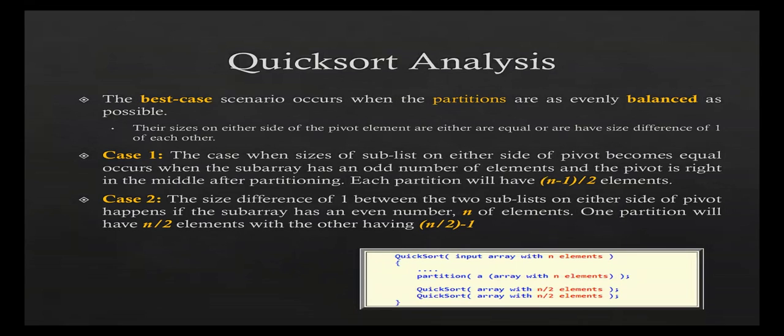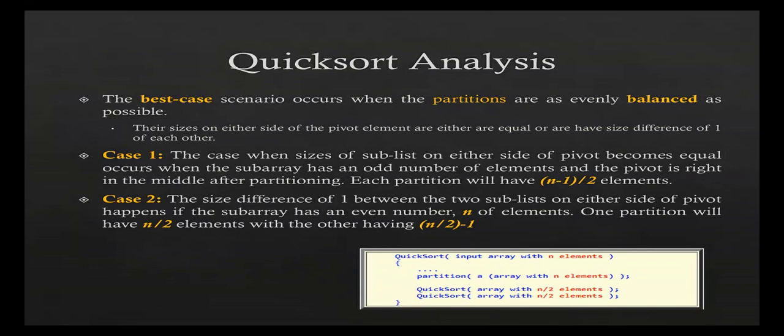In either of these cases, each partition has at most n/2 elements. And the tree of subproblem sizes looks a lot like the tree of subproblem sizes for merge sort, with the partitioning times looking like the merging times, right?